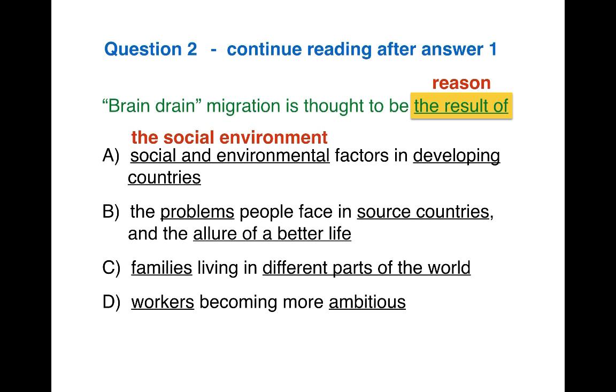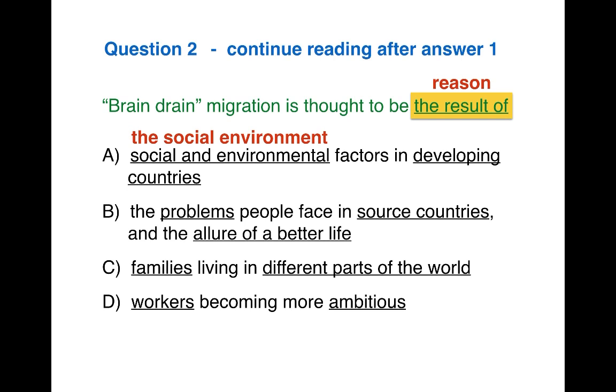That's a trick there. Also, we didn't see anything about developing countries. We saw source countries, but they might not necessarily be developing countries. So A is wrong. B, the problems people face in source countries and the allure of a better life. Well, we definitely saw the word source countries, and we did see a list of problems that people have.